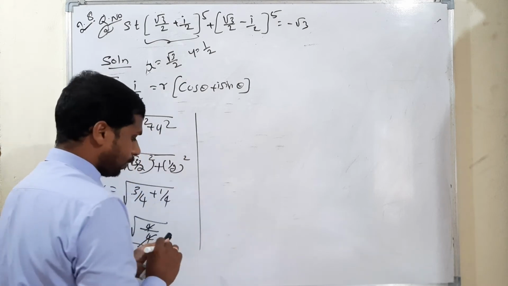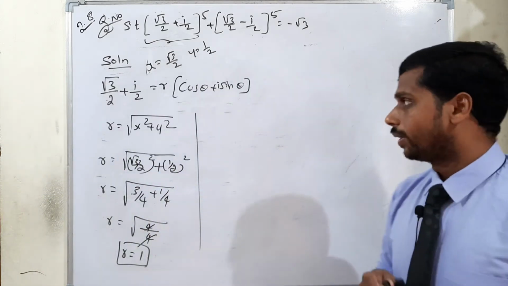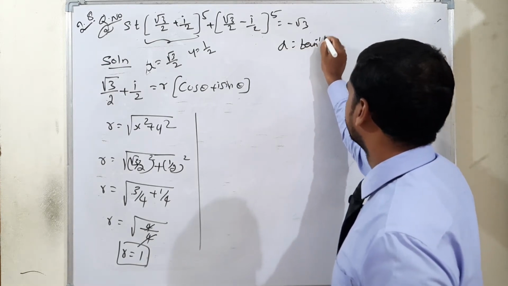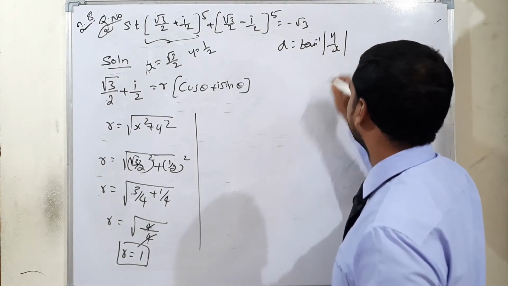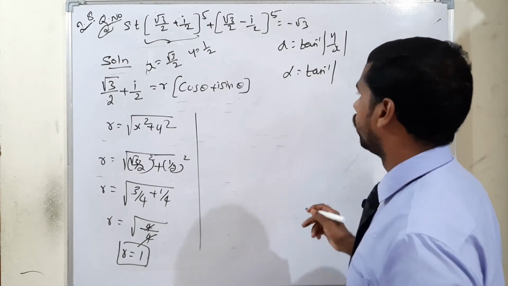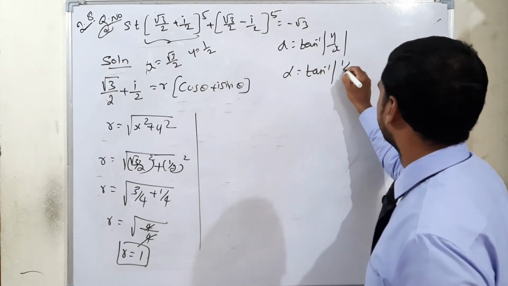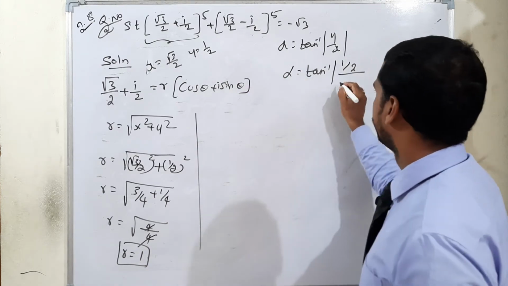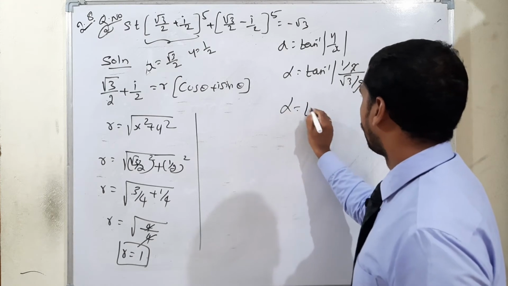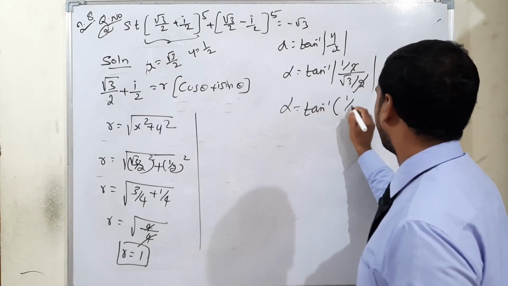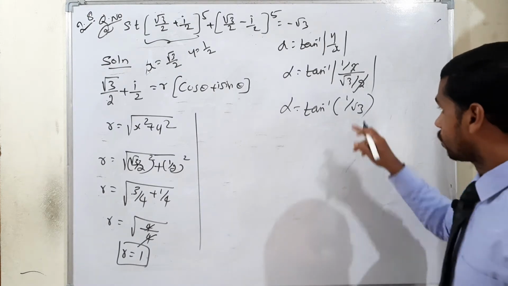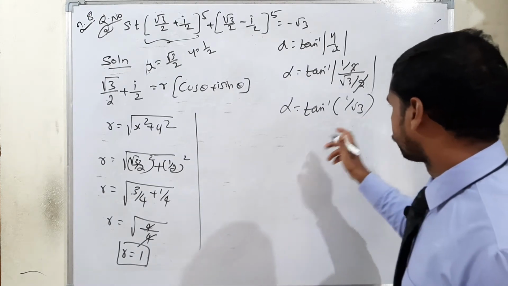Then we need to find the theta, isn't it? So alpha is equal to tan inverse of the modulus of y by x. So alpha is equal to tan inverse, the y value 1 by 2, the x value root 3 by 2. So the 2 cancels. Therefore, alpha is equal to tan inverse 1 by root 3. So 1 by root 3 means pi by 6, isn't it?